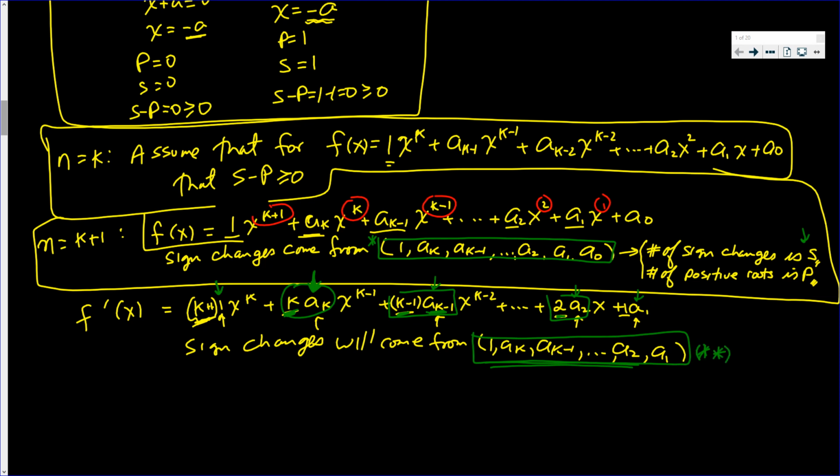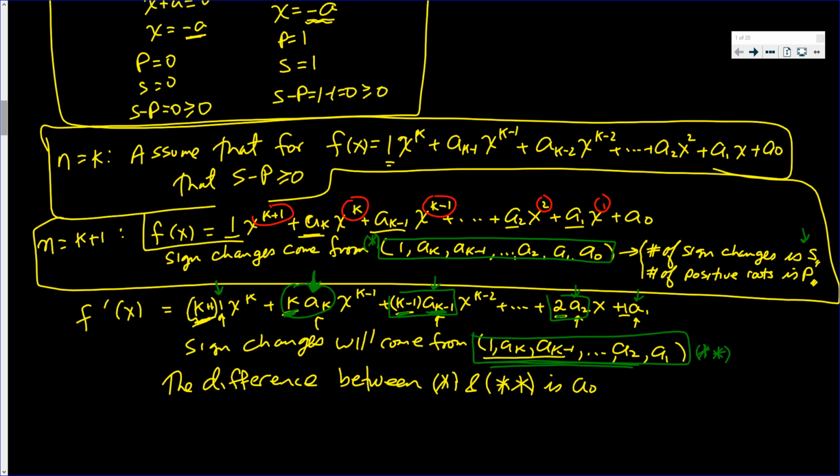Now, the only difference between star and double star is a sub zero. I mean, after all, this is double star, and what I just underlined is double star plus a sub zero.